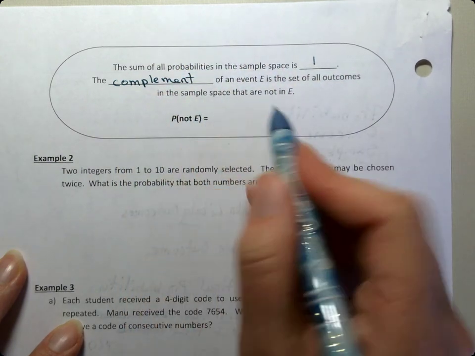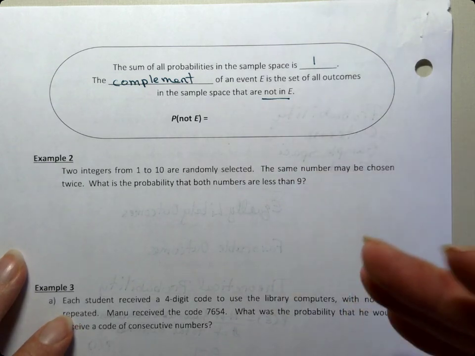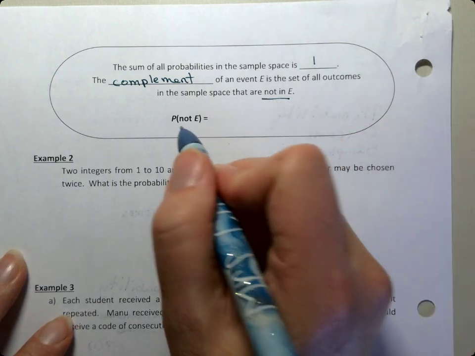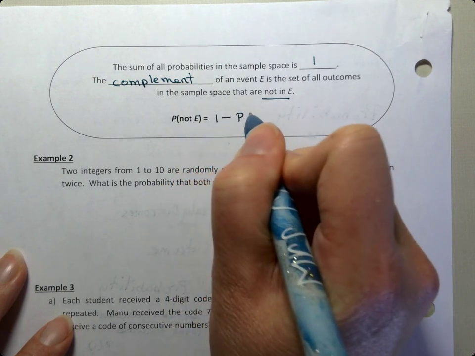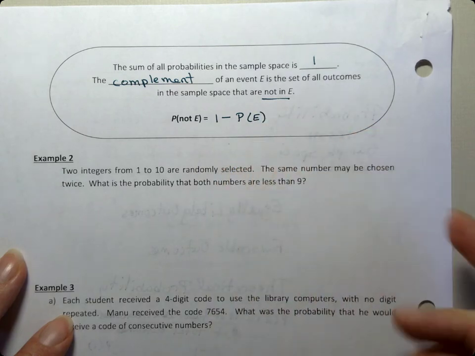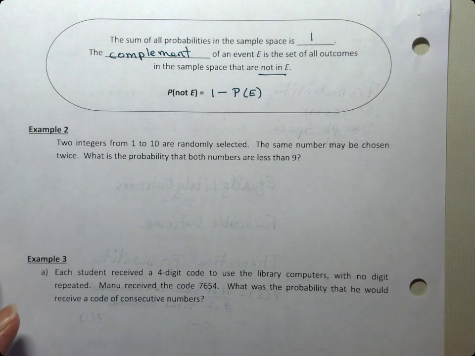So in the sample space, if I say, what's the probability that I don't get this? I can either figure out the probability that I don't get it, or the probability that it's not the event we want. We would just do 1 minus the probability that it is the event we get. So instead of finding the probability of it not happening, I can just find the probability that it does happen and then subtract it. And sometimes that's easier if it's compound.